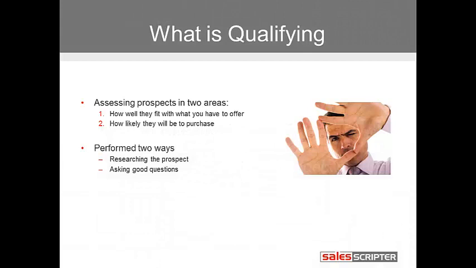What is qualifying? Well, basically, qualifying a sales prospect is really assessing them in two key areas. First, you're basically sizing them up for how well they fit with what you have to offer, or that's what you should be doing when you're qualifying them. Do they even need what you sell?